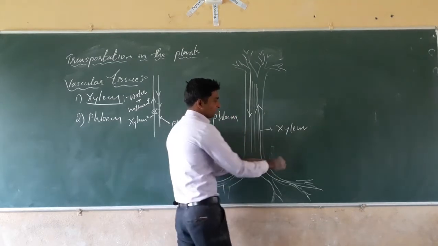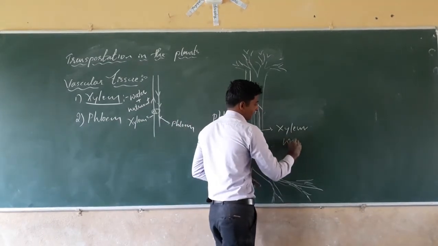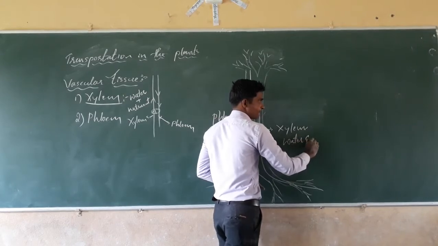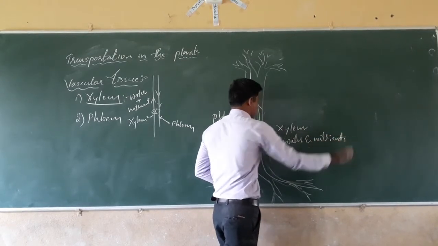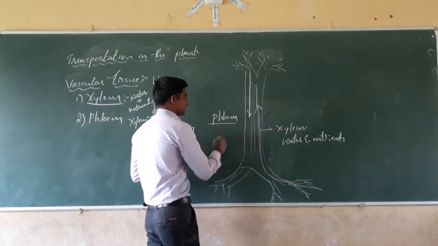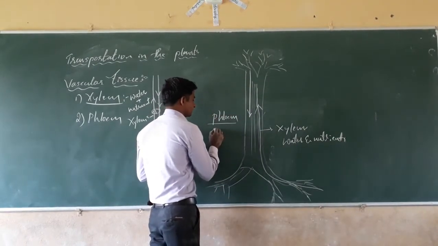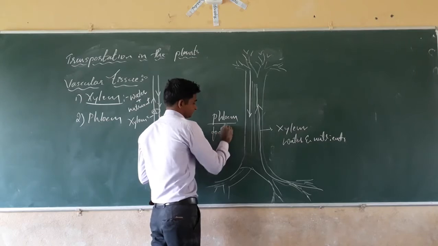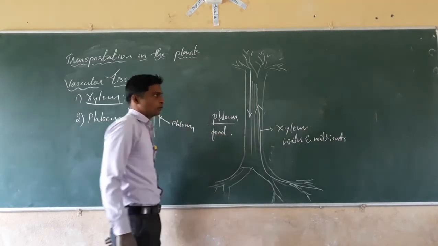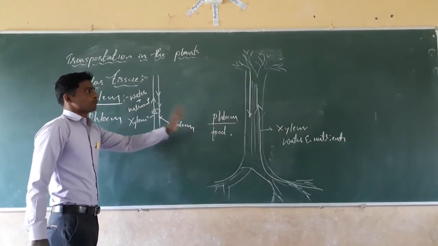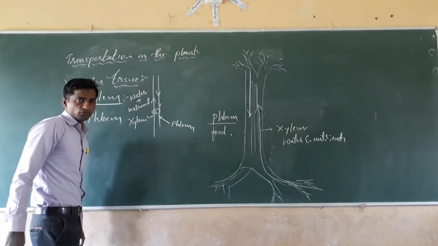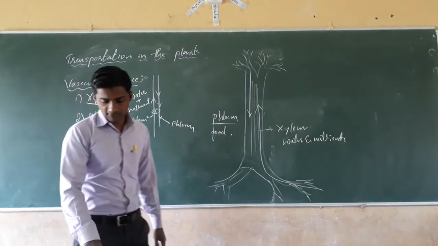Xylem conducts water and nutrients. Phloem conducts food materials, in the form of carbohydrates, proteins, and so on. These are about the conduction of water and nutrients in the plants.